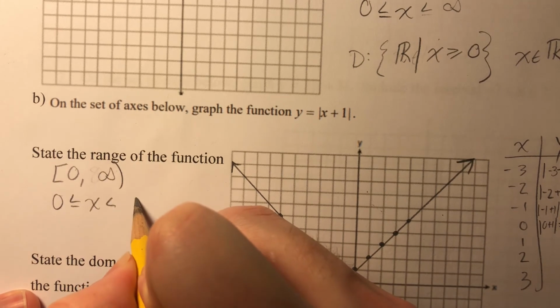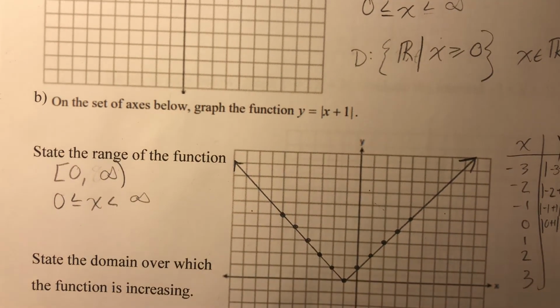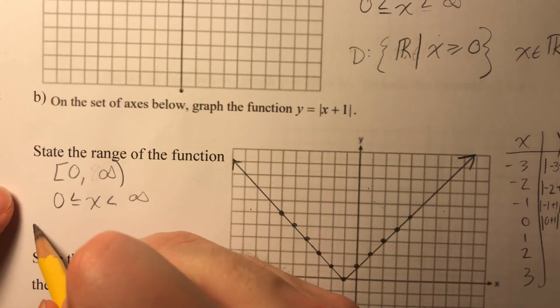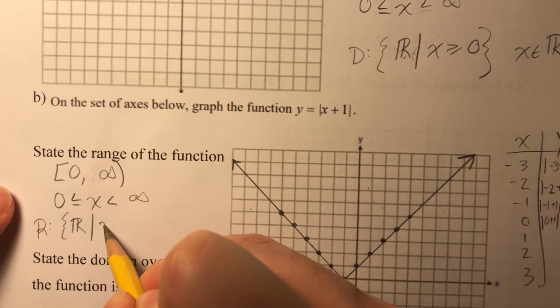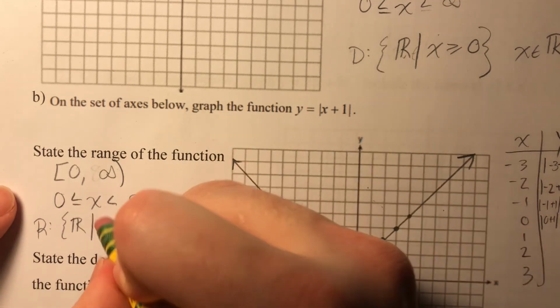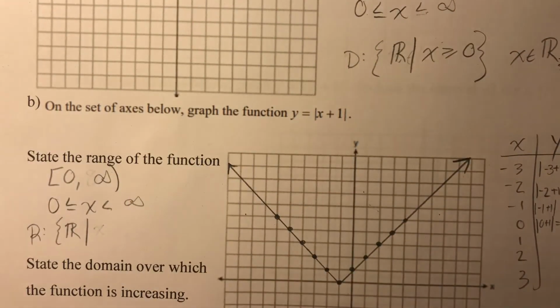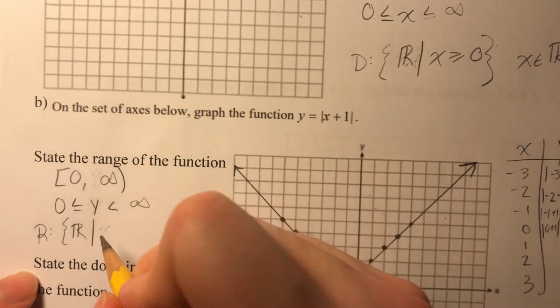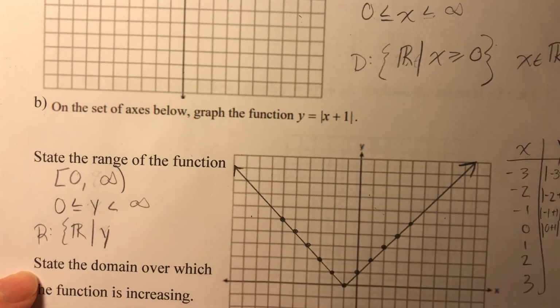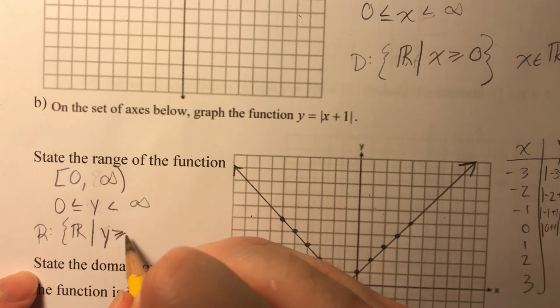We cannot equal infinity. And then we can write our range as a set of real numbers, given that y, sorry, we're talking about our range now, so y. Oop, made that mistake twice. Talking about the range, so I gotta use y here. That y is greater than or equal to 0.